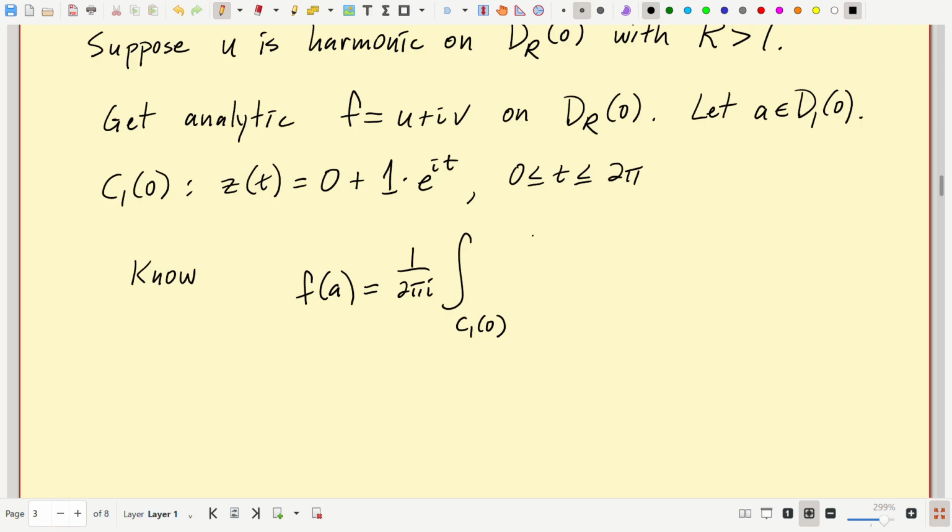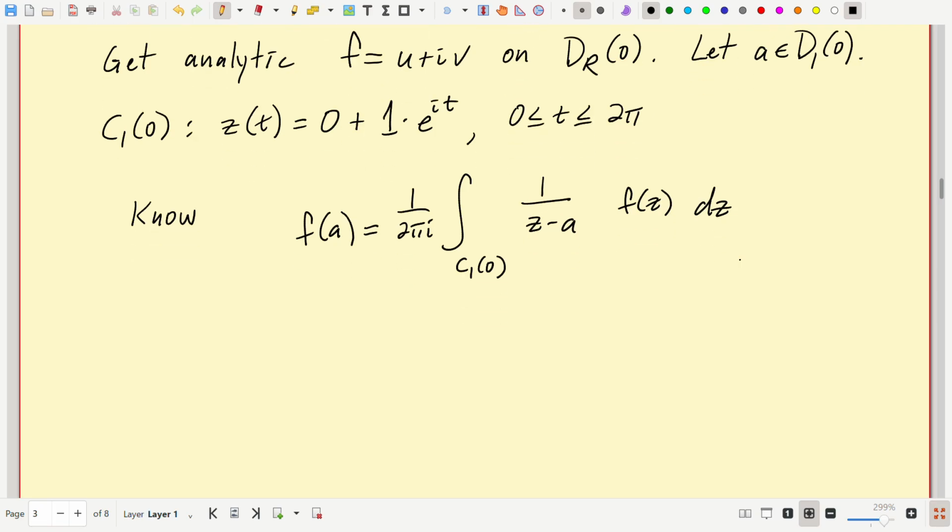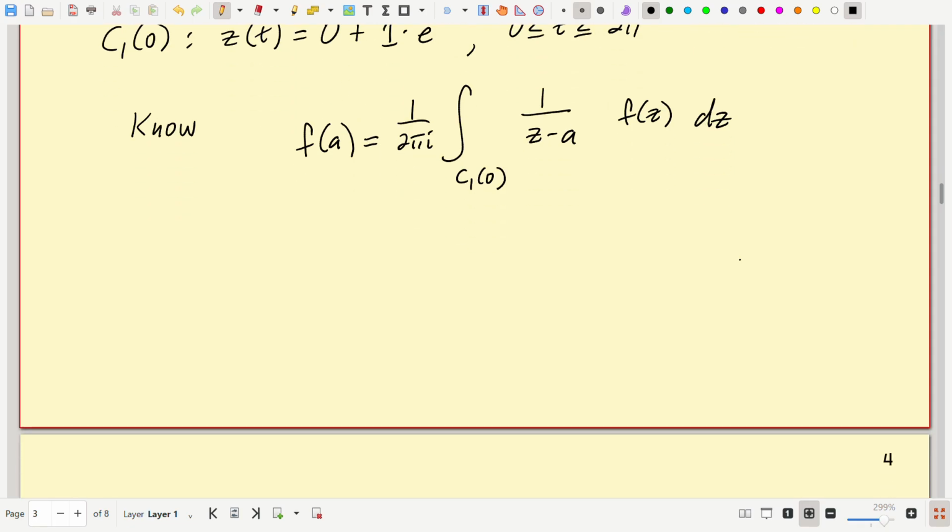Let's see. I'll put 1 over z minus a out in front and put my f of z and my dz here. That's just the Cauchy integral formula. At the center, if a was 0, then I could write that out, and I'd get a very simple way to take the real and imaginary parts.